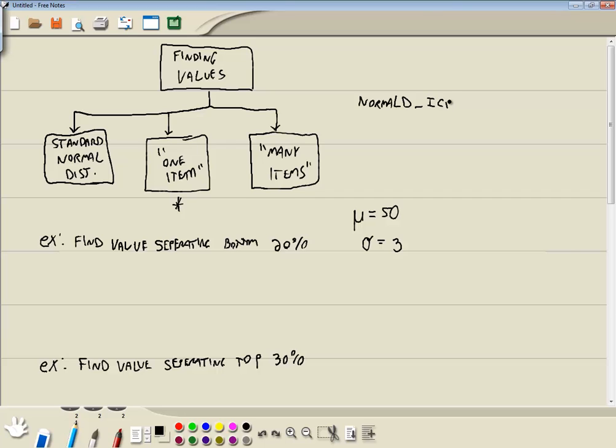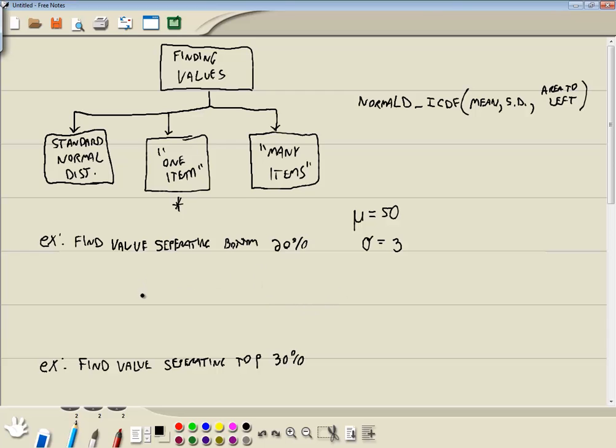It's inverse CDF. This part may have changed a little bit. Our first parameter is our mean, our second parameter is our standard deviation, and our third parameter is the area to the left of the value we're trying to find.